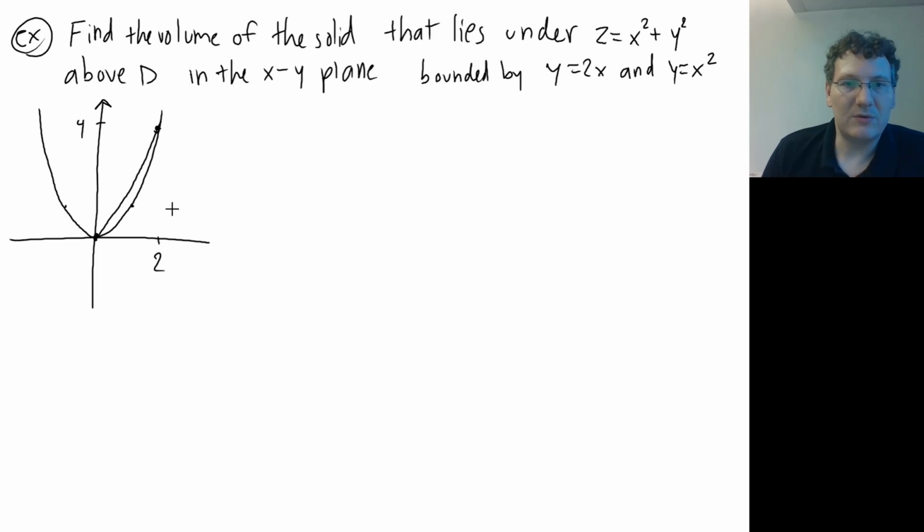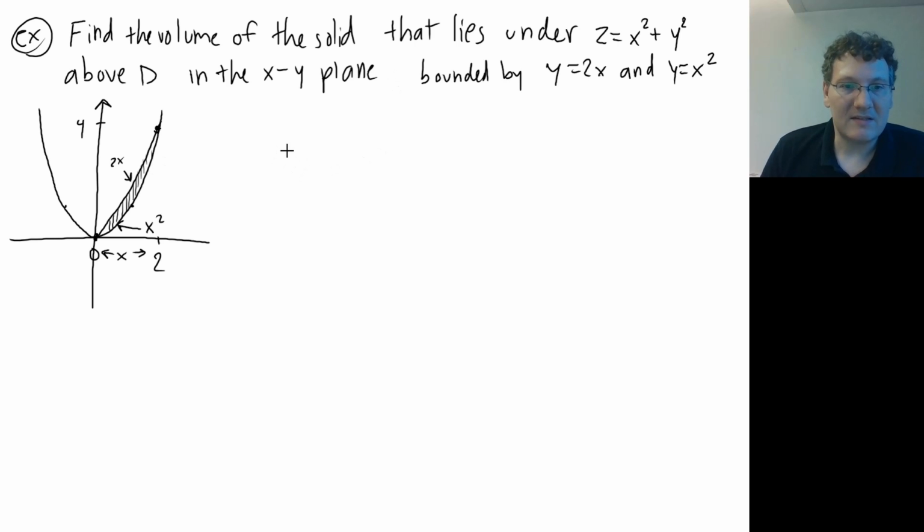Now I want to figure out what is the constant bounds and what's the variable bounds. And you can see that as x goes between 0 and 2, the lower bound is going to be this function x squared, and the upper one is going to be 2x. So it's like you're making a lot of these little vertical lines.